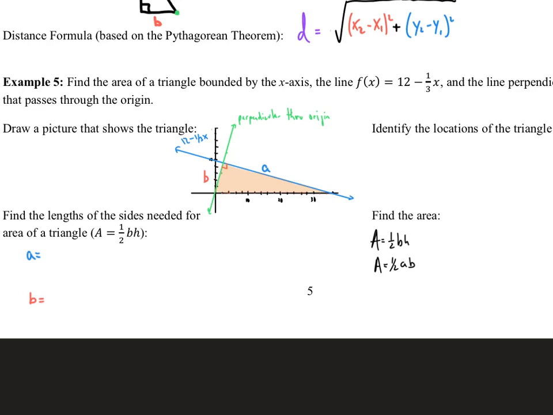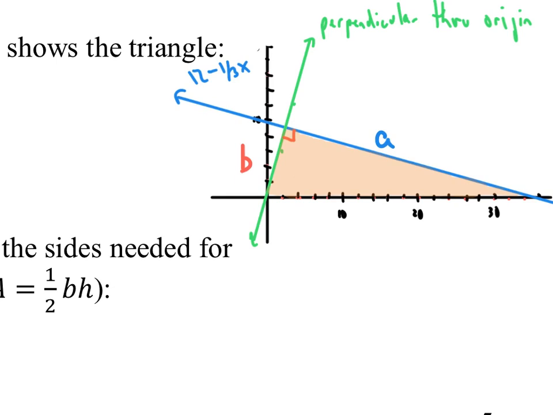So what I want to do is figure out the distance here between these 2 points. One of them being the origin, and one of them being this point here where those two lines meet. I want to figure out how long that distance is. So we're going to use the distance formula to figure out how long b is there.